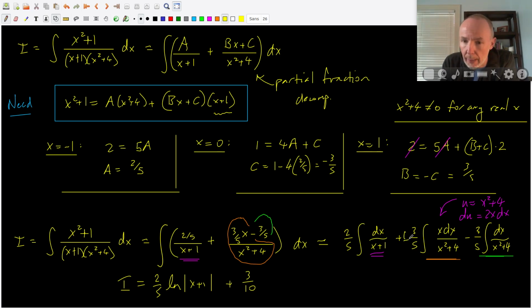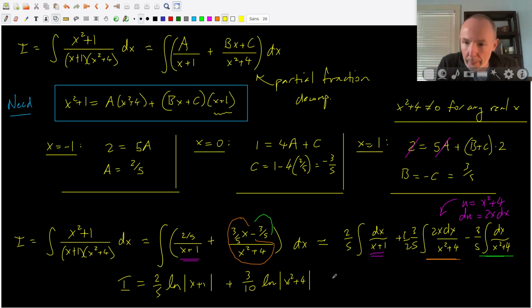Literally I can put a half there and a 2 there. So now this is du over u. du over u is log u. So this is 3/10 the natural log of u, which in this case is x squared plus 4. If you can't see that immediately, do that u substitution, but we've done problems like that before in the course.